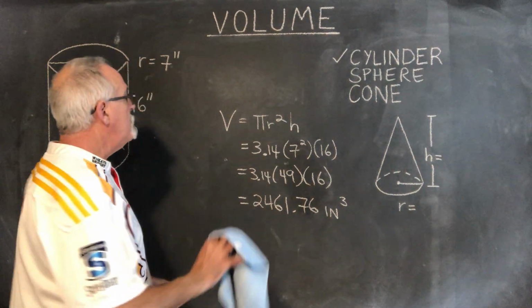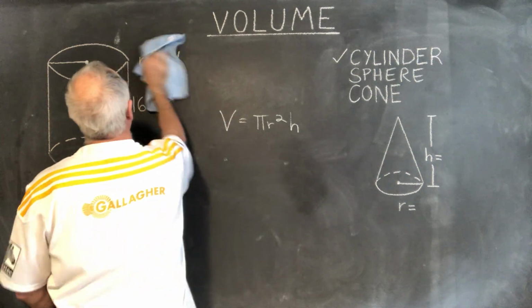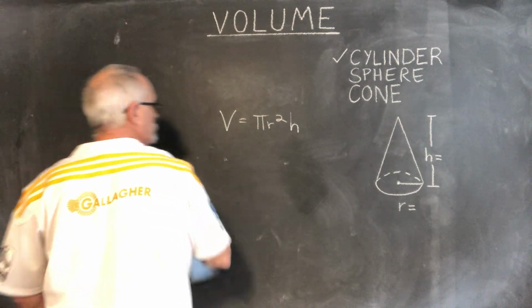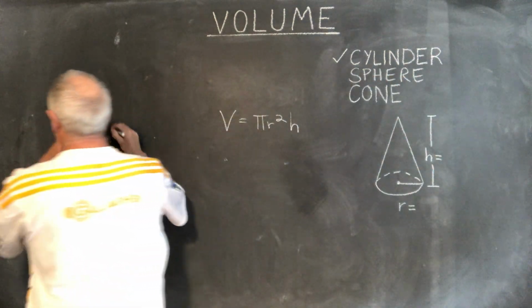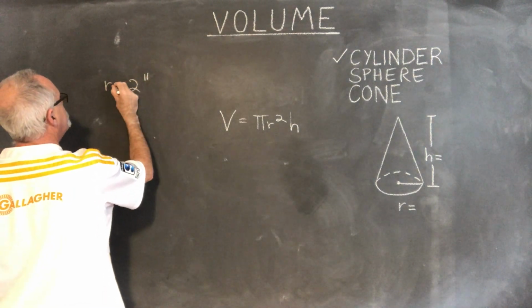No supper yet. Okay, I'm going to erase this answer, and I'm going to erase this whole cylinder. I'll just write down the dimensions, because this is something I am not going to draw. So my second cylinder, the radius is equal to 2 inches.